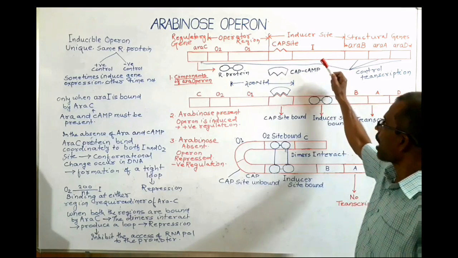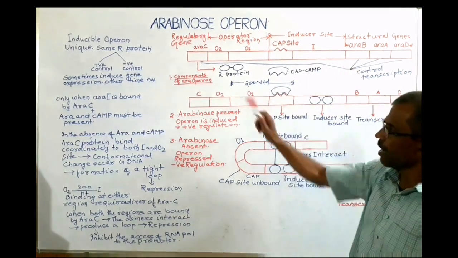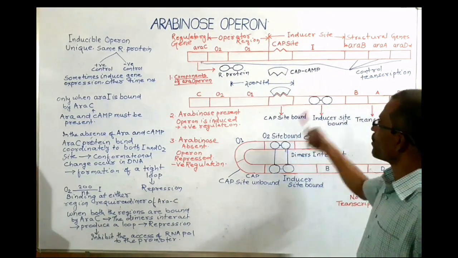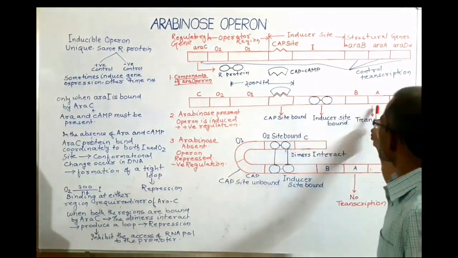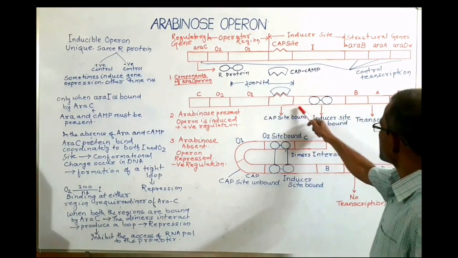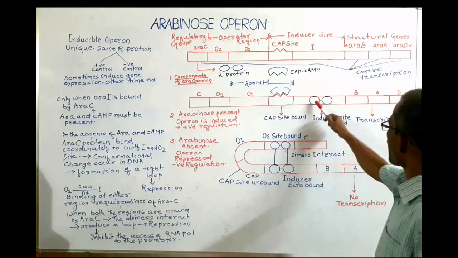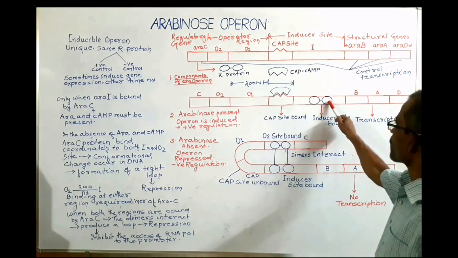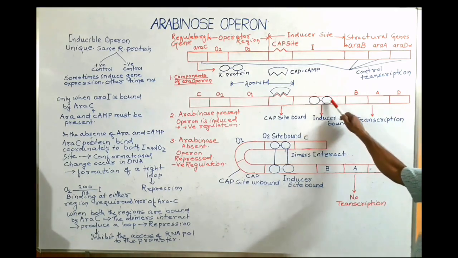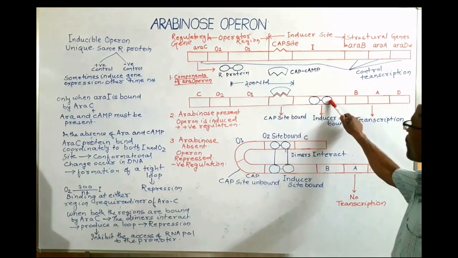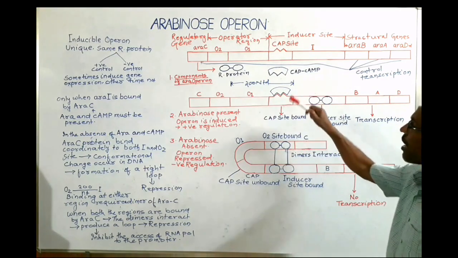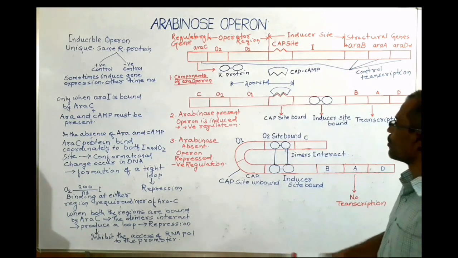When only RI is bound by araC, in that case, this operon is induced. In this figure, this is the inducer site, and this inducer site is bound with these regulatory proteins. These are the regulatory proteins known as araC. When the regulatory protein binds with only RI, then the araOPERON is induced.